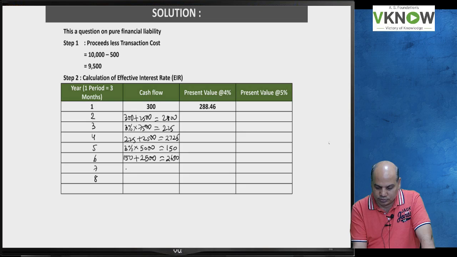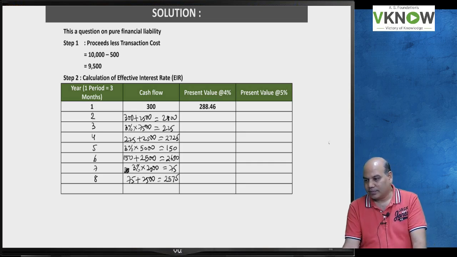Then 75, or you can say 3% of 2,500, 75, 75 plus 2,500, 2,575.